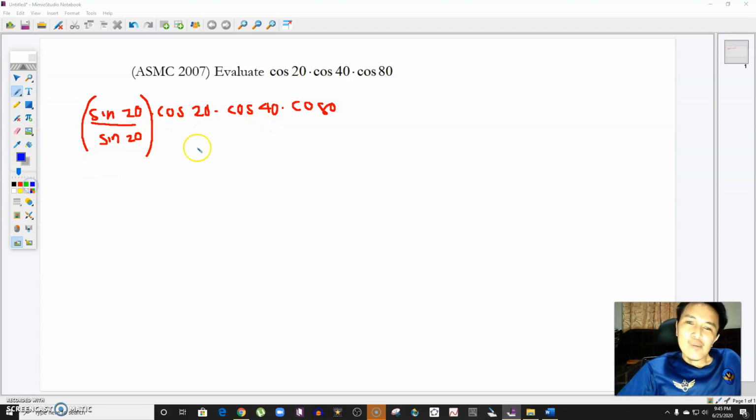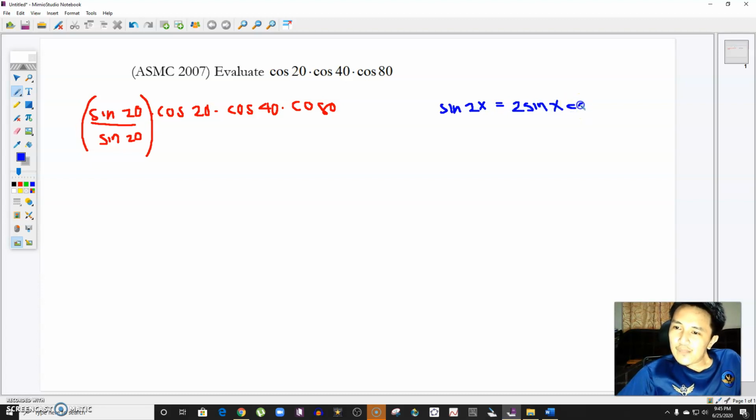Now, recall the double angle identity for sine. Let's have sine 2x, which is equal to 2 sine x times cosine x. I hope you remember this. So this is the double angle identity for sine. Now notice that if I let x equal 20, that will be 2 sine 20 cosine 20, which is equal to sine 2 times 20, or sine 40.